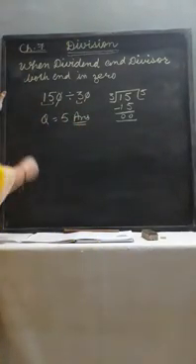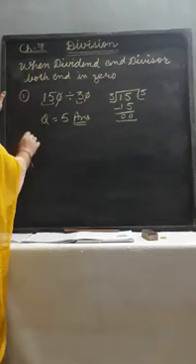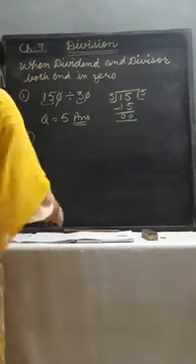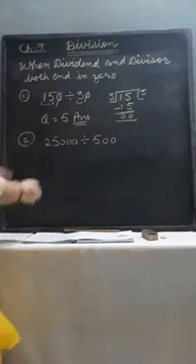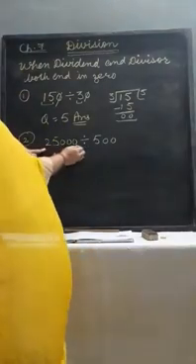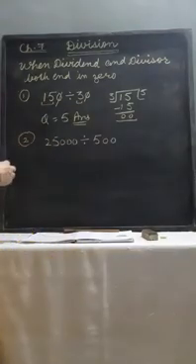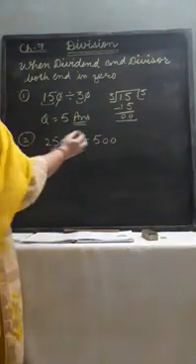Let us take one more example. 25,000 divided by 500. Dividend 25,000 has 3 zeros and divisor 500 has 2 zeros. We are to remove an equal number of zeros. 1 zero from here, 1 from here, another 1 from here, another 1 from here.